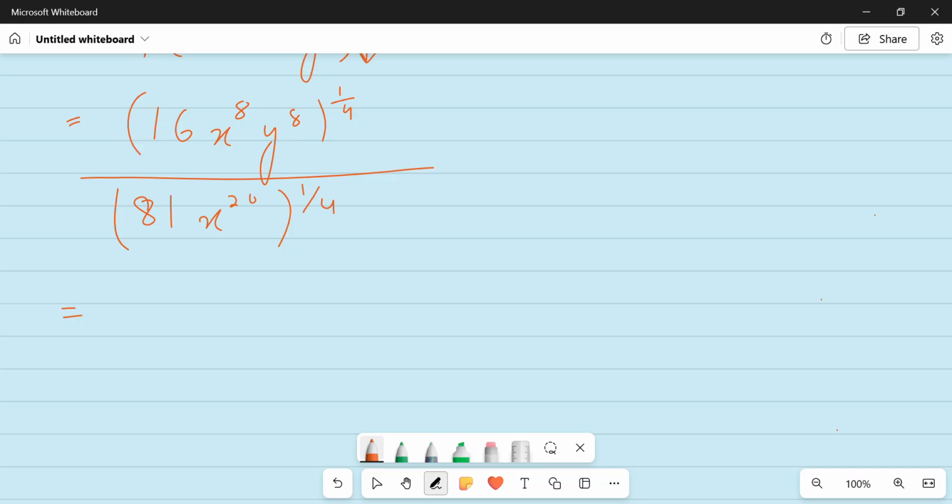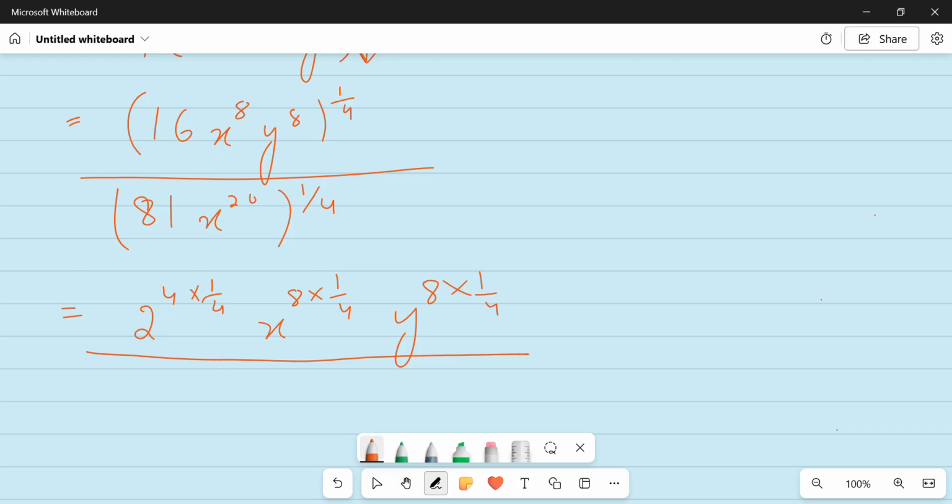When we multiply 2 four times, it gives you 16. So I'm taking this as a 2 and writing in index notation. So 2 to the power 4, multiplied by 1 over 4, x8 times 1 over 4. I'm distributing the power in all the terms. y8 multiplied by 1 over 4, right?